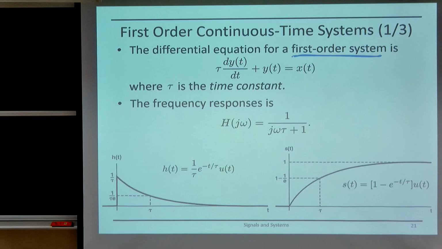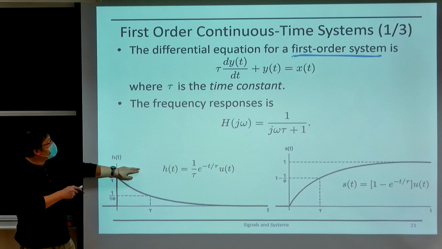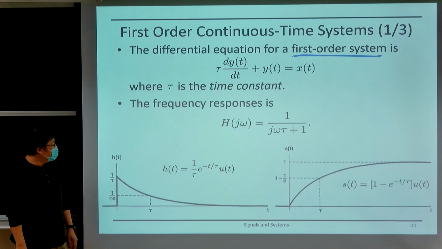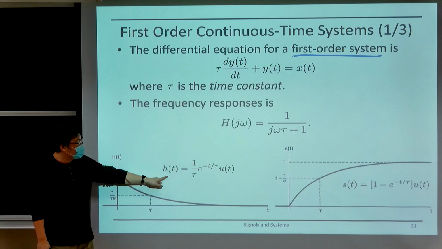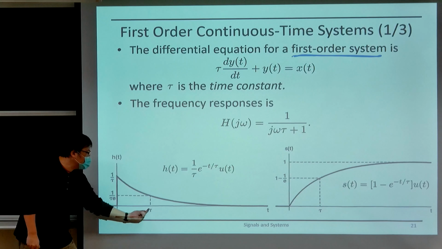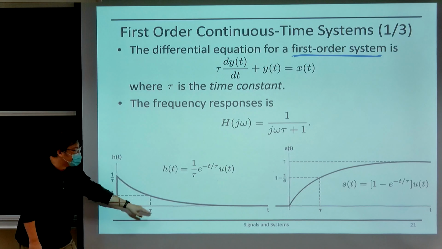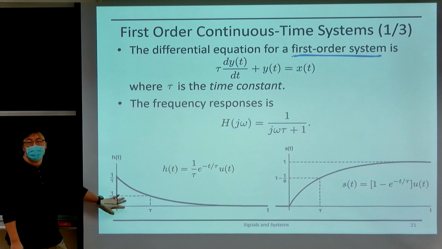Now you can see that this time constant tau sort of affects how fast the impulse response decays over time. If you choose tau that is smaller, this decays much faster, meaning that the system responds faster.